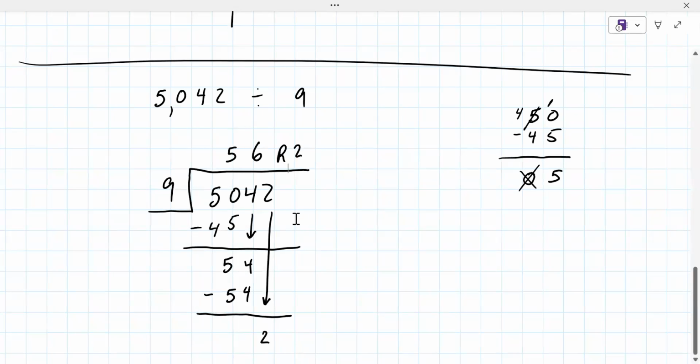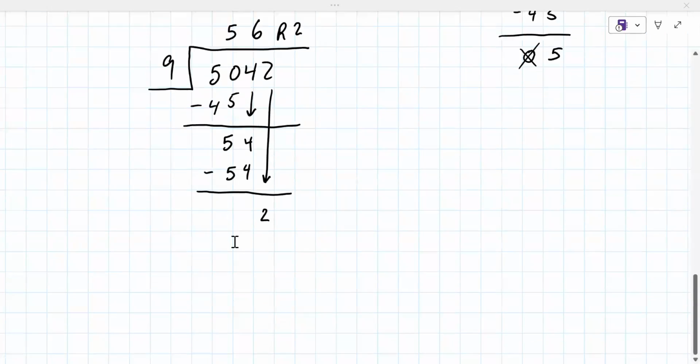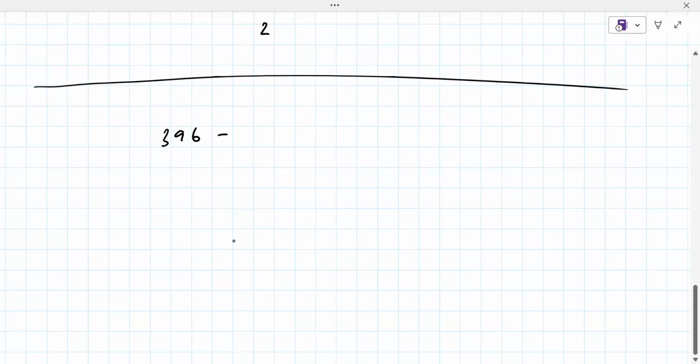Very good. Okay. So you said you had some pencil and paper. I'm going to give you a problem to try here. Is that okay? Yeah. All right. So here we go. 396 divided by 7. Go ahead and work that out on your own and let me know your final answer.